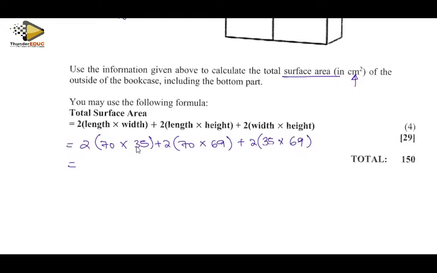2 into brackets 70 times 35, 2 into, we have, plus this into, don't forget, add them up.